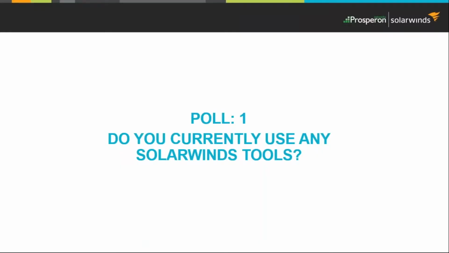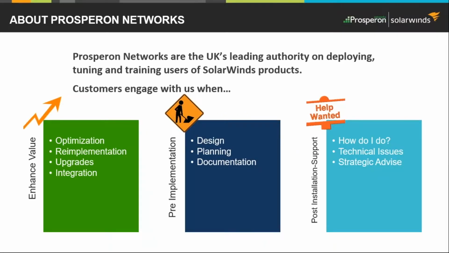A bit of introduction about Prosperon. We're the UK leading authority on deploying, tuning, and training users of SolarWinds products, and there's mainly three reasons or categories why you engage with us. On one side, we have customers that are already using SolarWinds. Some of them are new to the tools, and some of them may have been using it for as long as we've been in business.